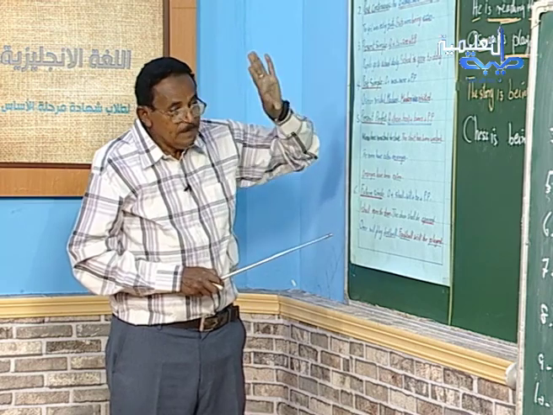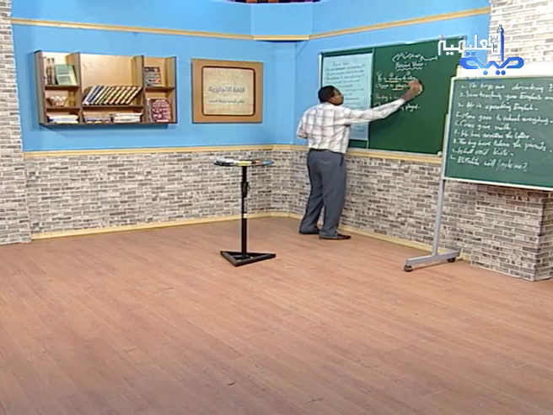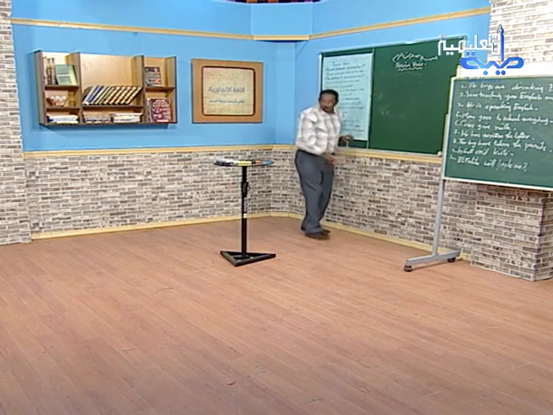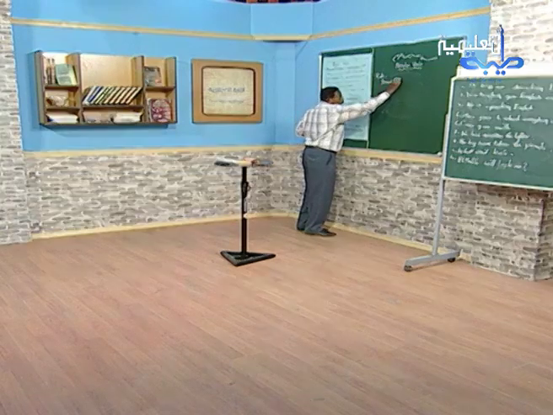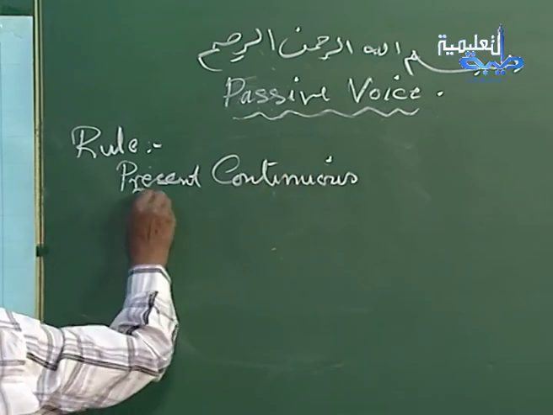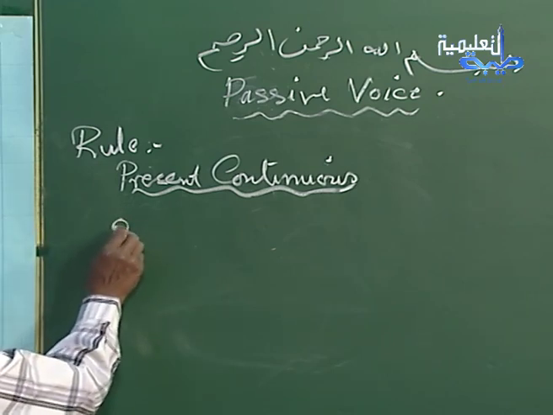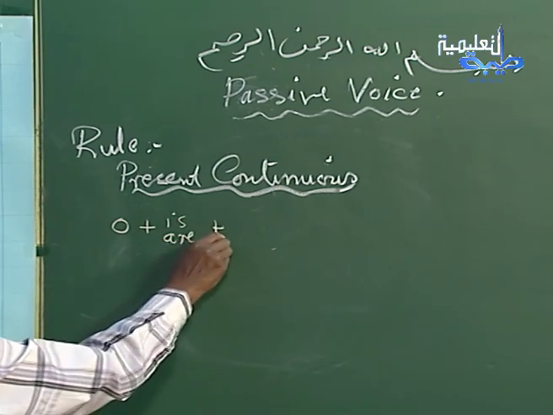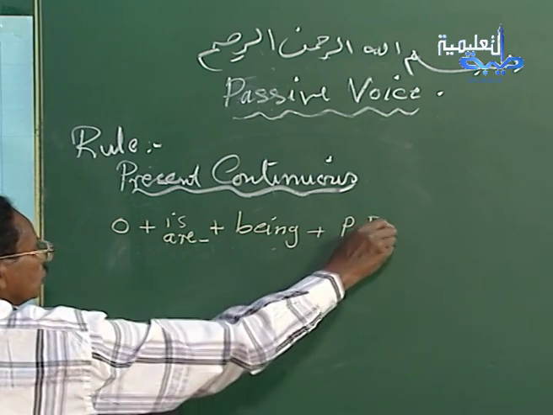Let me explain this again. For the present continuous, the rule is object plus is or are plus being plus past participle.